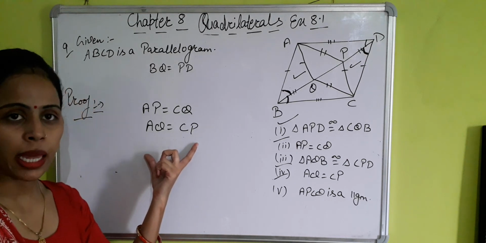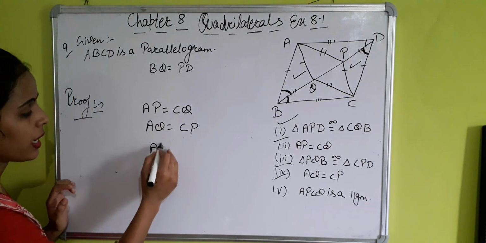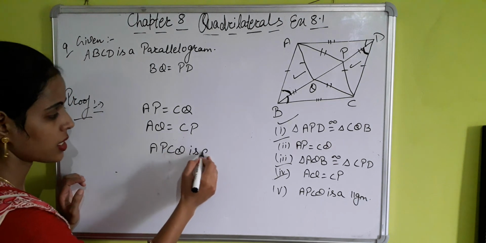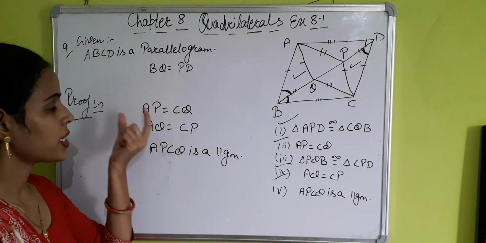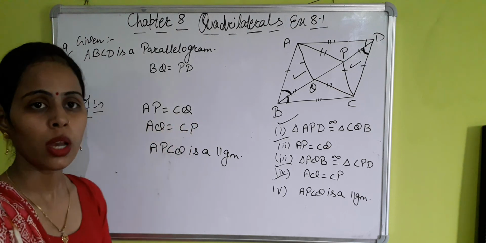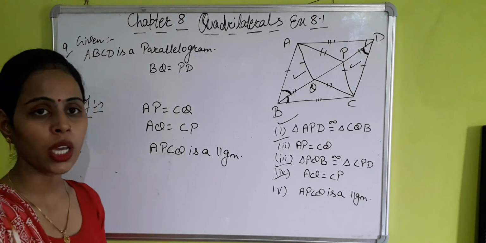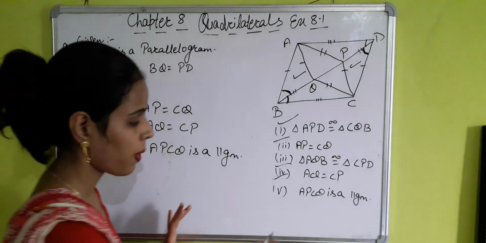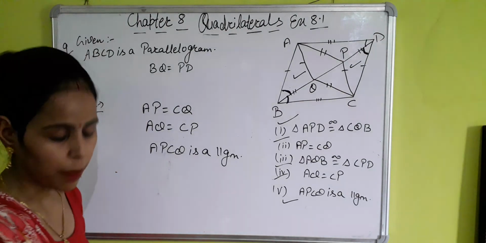So from these two parts we can say that APCQ is a parallelogram because opposite sides are equal. Fifth part is proved. Question number 9 is complete.